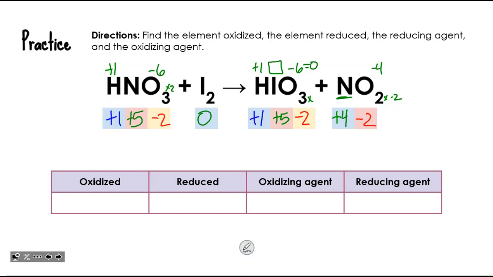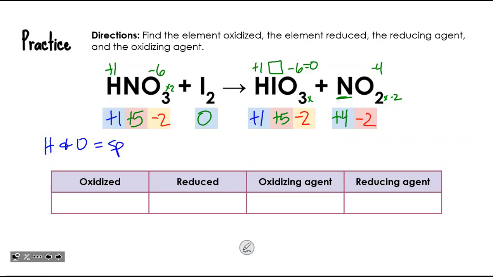Now, looking here, which ones are our spectators? Which elements have oxidation numbers that are not changing? Because it's best that we cancel those out and not pay attention to them. Which ones aren't changing? Hydrogen. What's the other one? Oxygen. Very good.